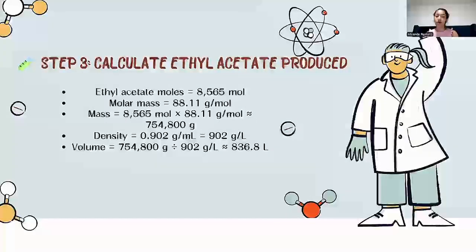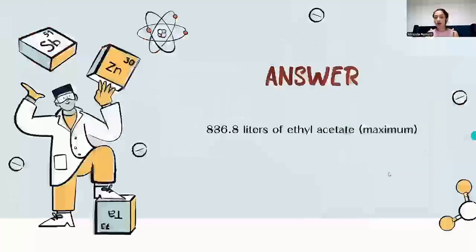After that, we also know the density, and we divide the mass over the density, so we can get the volume that we need to answer our question. So we got that we have a maximum of 836.8 liters of ethyl acetate. That would be our answer. Thank you.